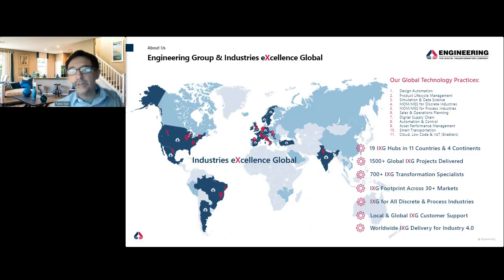A couple of words on us. We are Engineering, a global company of consulting and system integration in the Industry 4.0 space. I'm part of and responsible for Industry Excellence for the US. This is a global organization with 1,000 consultants all over the world supporting the implementation of Industry 4.0 solutions.